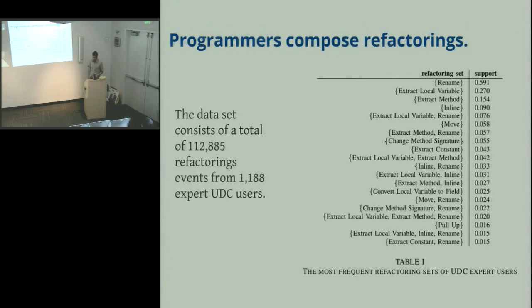One thing that can be seen is that programmers combine refactorings in a variety of ways. The second is that some combination patterns are more frequent than individual refactoring. For example, if you look at pull-up at the bottom, there are several composition patterns that are more frequent than the pull-up refactoring. So it shows the frequency of compositions of refactoring.